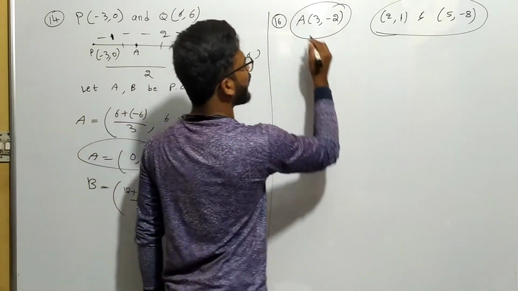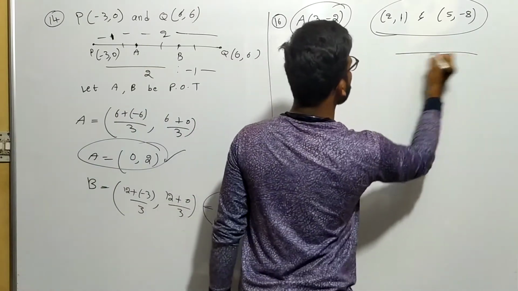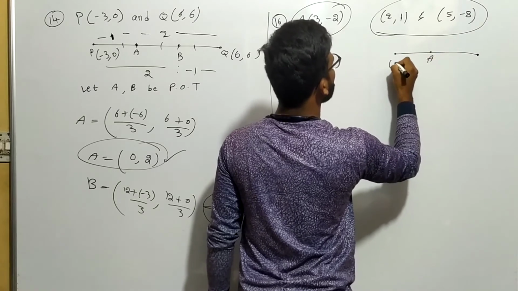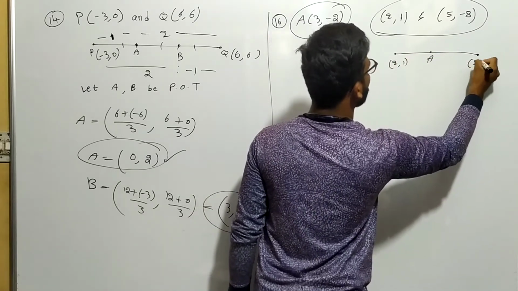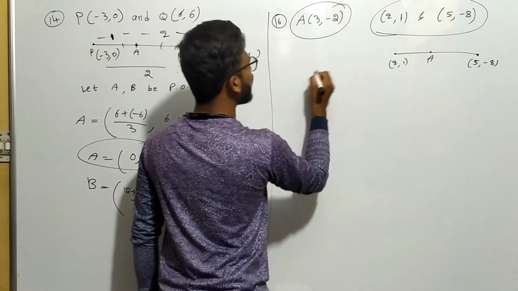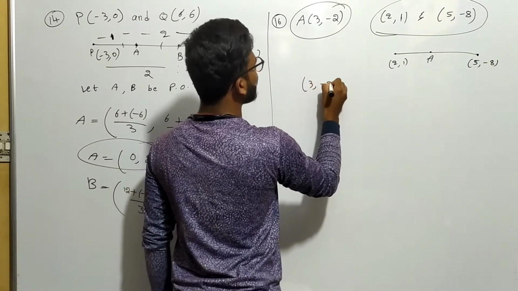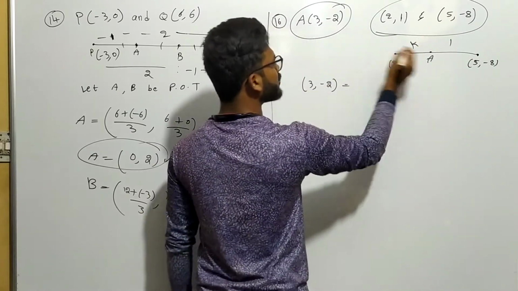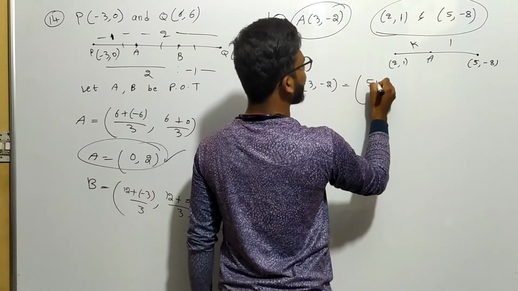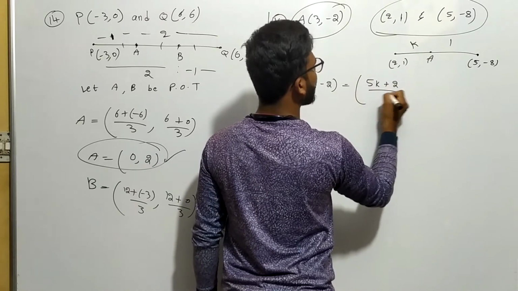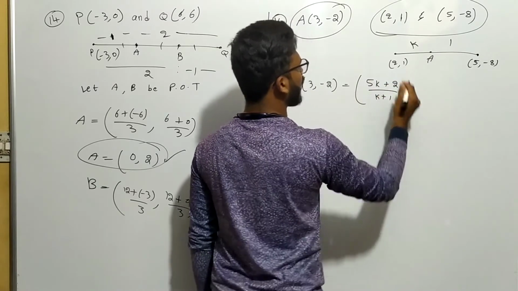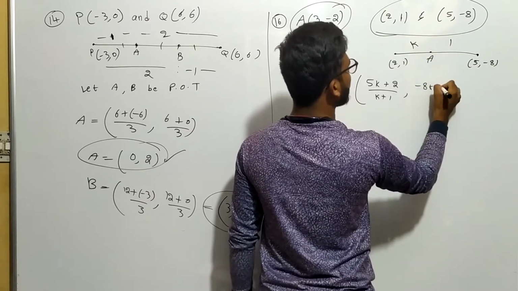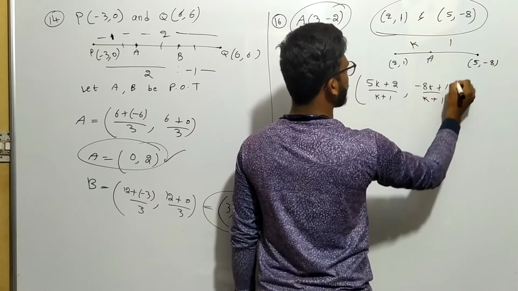That means we have to find the ratio in which this point A divides (2, 1) and (5, -8). Let (3, -2) divide in the ratio k:1. That means ((5k + 2)/(k + 1), (-8k + 1)/(k + 1)), right?